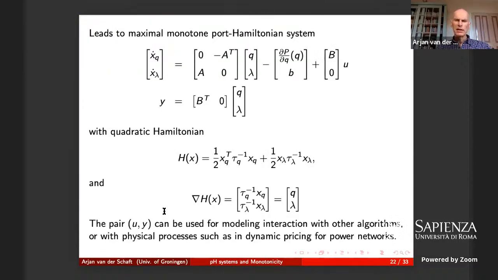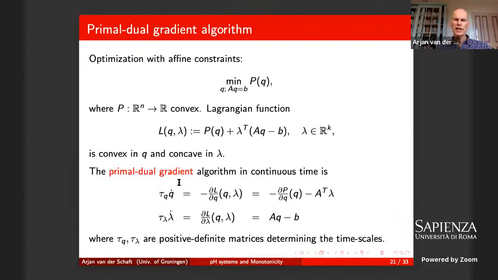And this can again be formulated as a maximal monotone, but not cyclically monotone, port-Hamiltonian system. It takes this form where the Hamiltonian now corresponds to XQ, where I again take XQ to be the product of tau Q times Q and X lambda.